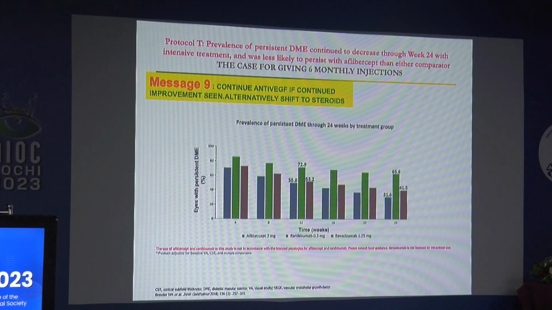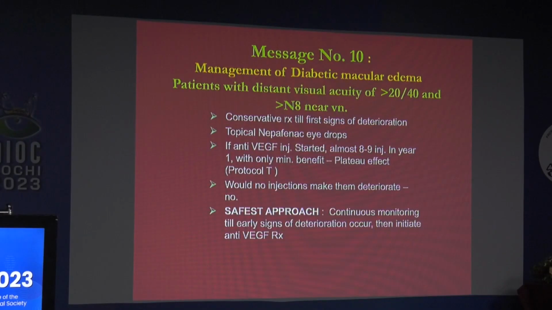And if the patient is not responding, the alternative is, if you were on Avastin, you could shift to another anti-VEGF agent, or if you find inflammatory biomarkers like cystoid spaces, hyperreflective dots, or neurosensory detachment, then you shift to steroids. And in patients with a distance visual acuity better than 20/40, it's better that you also add nepafenac drops and control them medically.